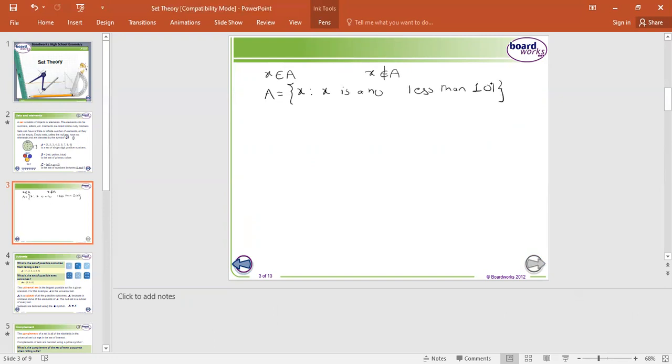Okay, A is a set. We read this as set A is a set of all x such that x is a natural number less than 101. Okay.